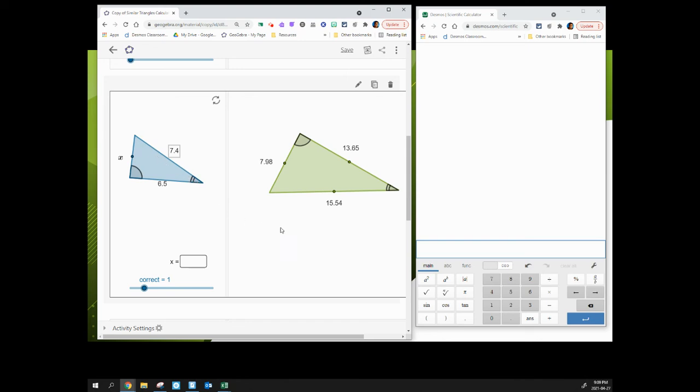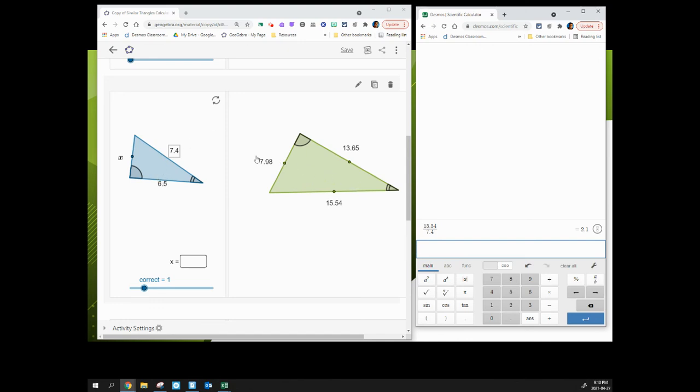So that means my scale factor is going to be 15.54 from the big triangle divided by 7.4 in the smaller triangle, and that is going to be 2.1. And that is my scale factor. In other words, the green triangle is 2.1 times greater than the smaller one.